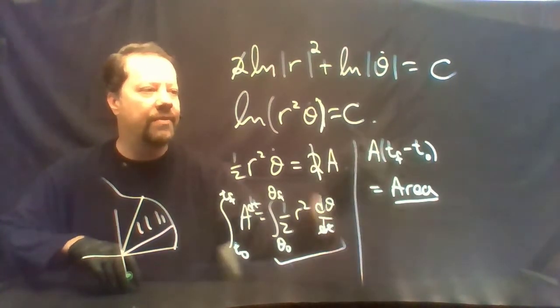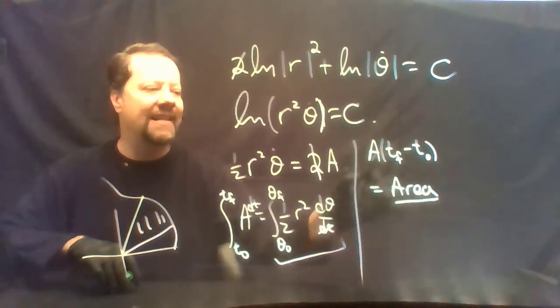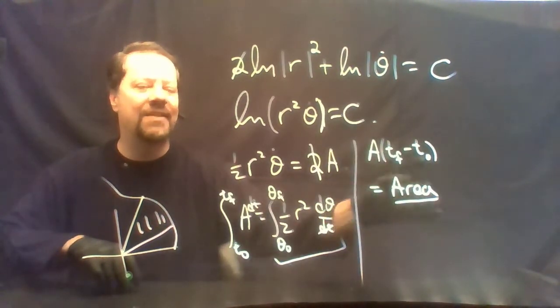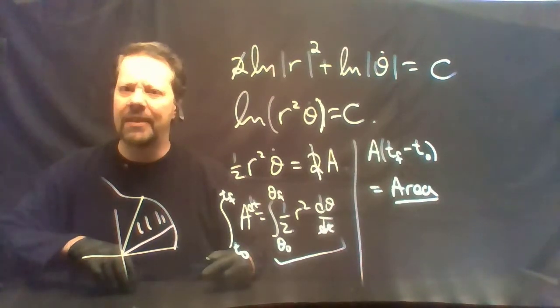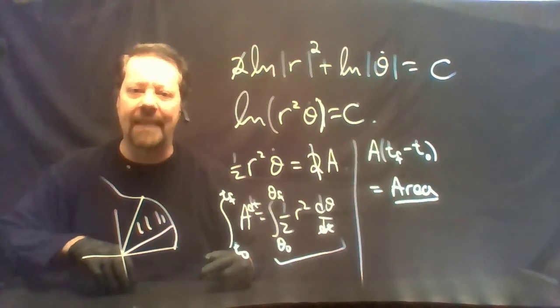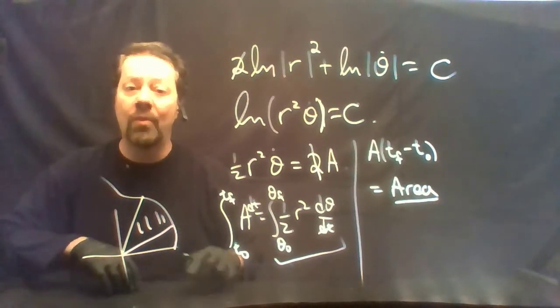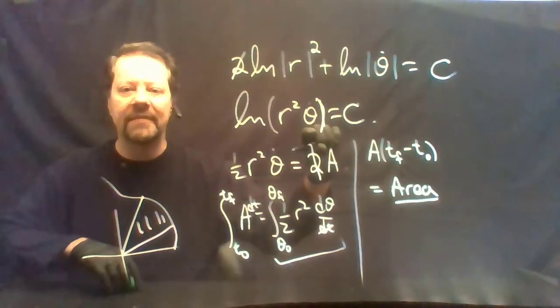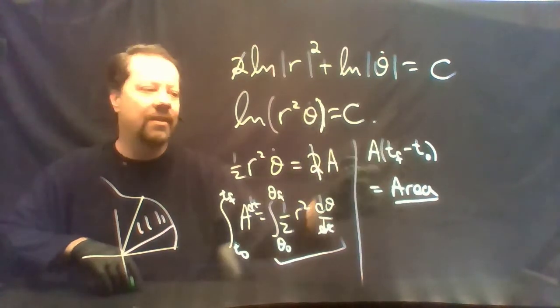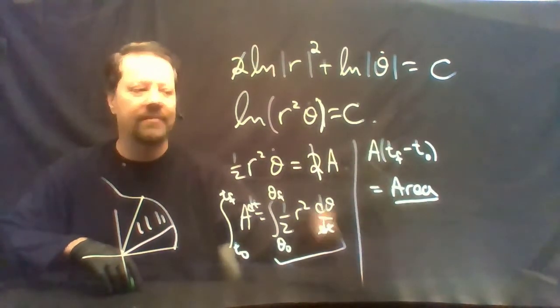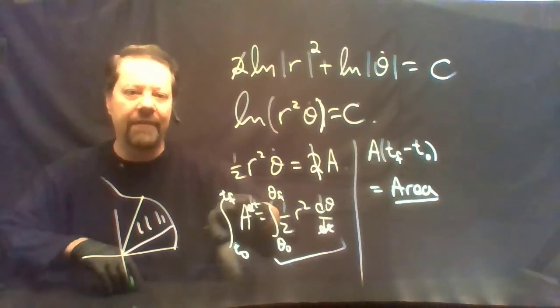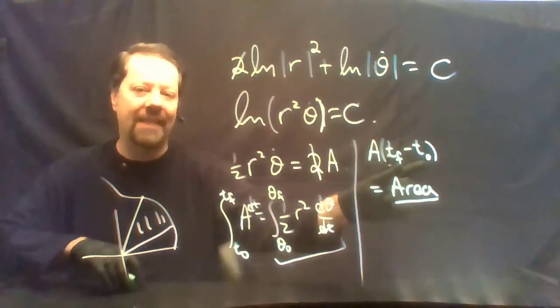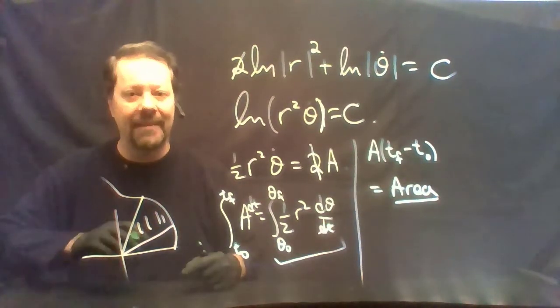And according to this principle, that area is equal to a constant times the change in time. It's proportional to how much time has elapsed. It has nothing to do with where it is in the orbit. So when you're far out in the orbit, a certain amount of time elapses, you're going to sweep out a certain area. When you're close in on the orbit and moving fast, a certain amount of time elapses, you're going to sweep out that area.